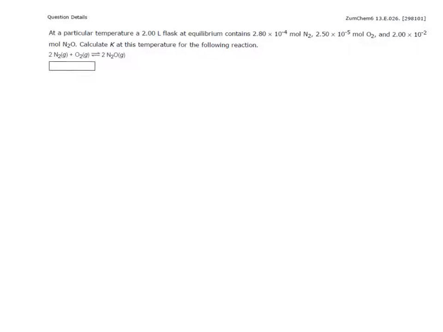So let's start with just writing an equilibrium expression for this equation. It's product concentrations raised to the power of their coefficients divided by reactant concentrations raised to the power of their coefficients.